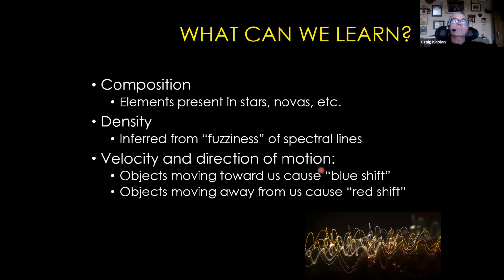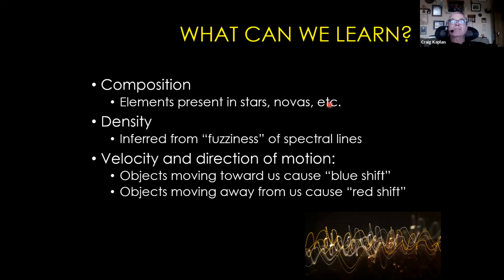We can also learn from spectral analysis composition, the elements present in stars, novas, etc. If they're glowing, then we can analyze the emission spectra of them. If they're just gases that are in between us and a star, by assuming the star is emitting mostly light as a black body, then we can examine the absorption spectra.